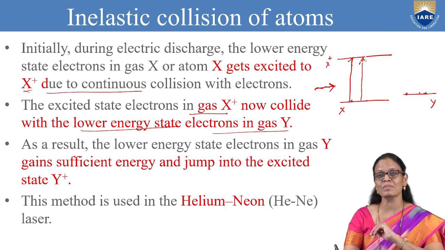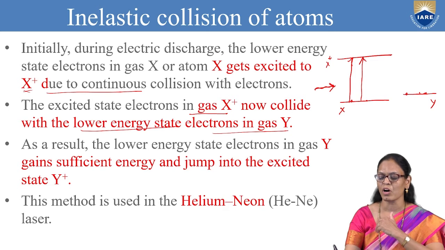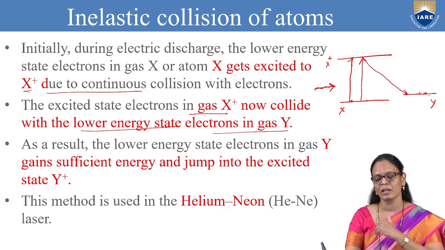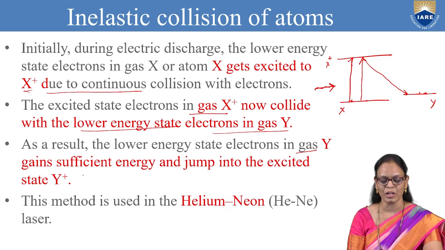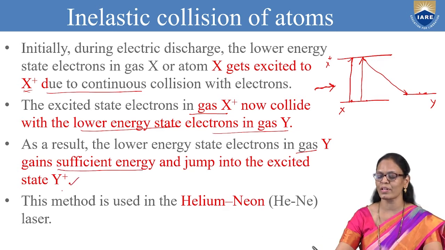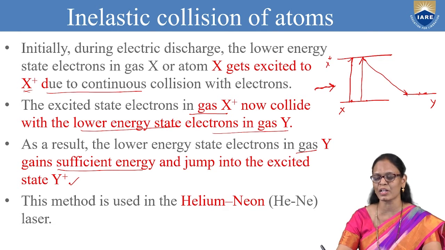Now these atoms in the excited state may not be able to stay for a longer time, and because of the emission also, they may collide with the atoms in the ground state of Y. As a result, the lower energy state electrons in gas Y will get sufficient energy and jump to the excited state. So these atoms gain sufficient energy and go to the excited state Y plus.